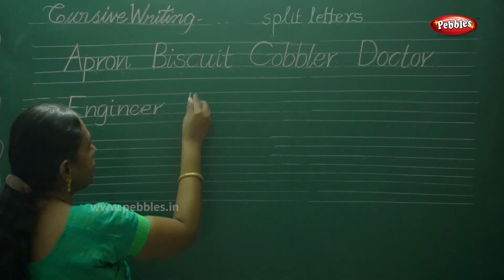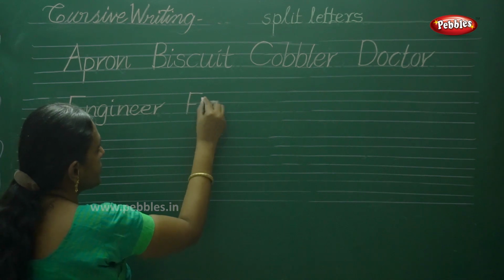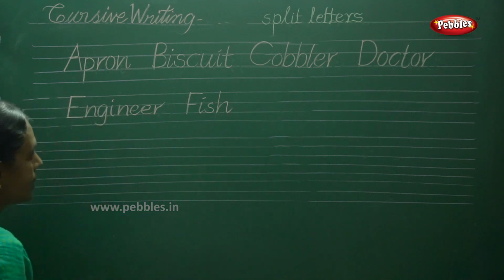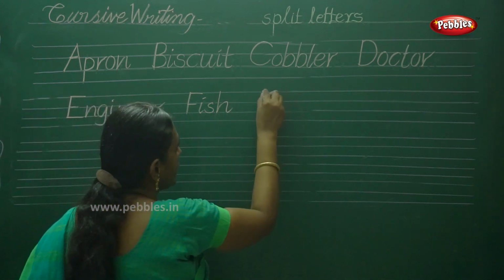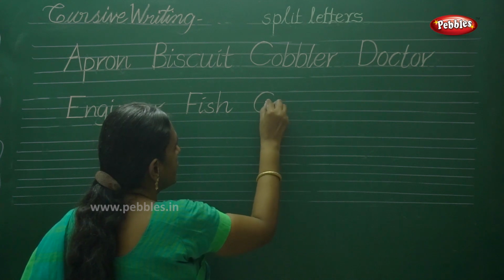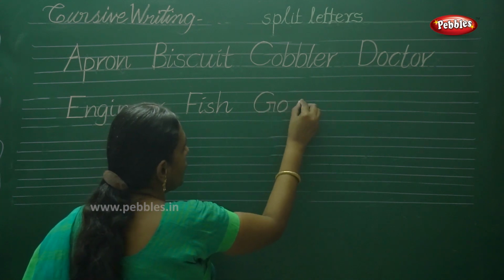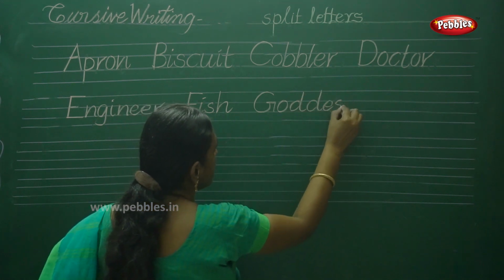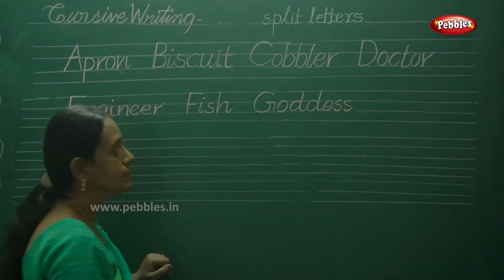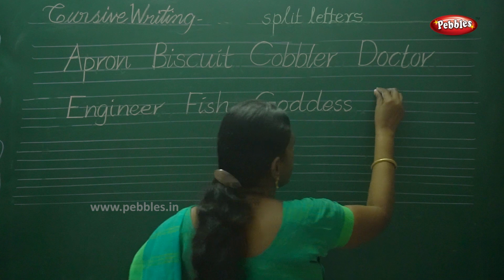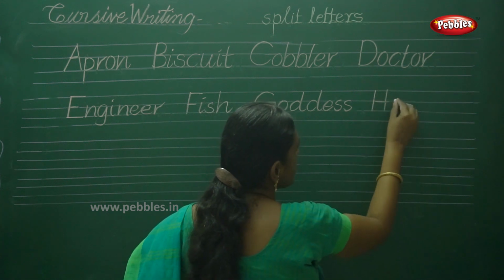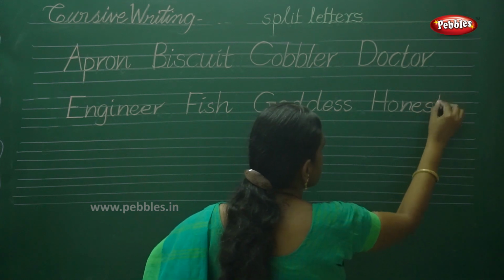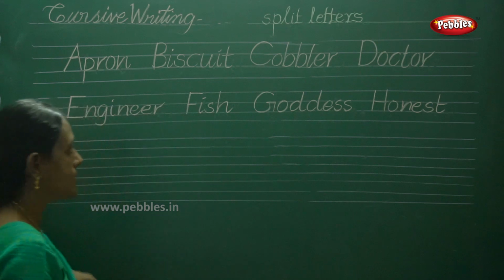And for example, F, fish, F-I-S-H, fish. And G, okay, goddess. Okay, then honest, H-O-N-E-S-T, honest.